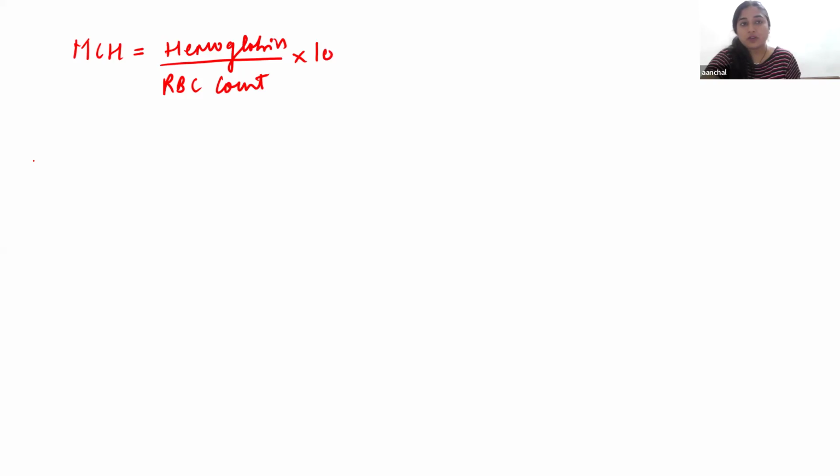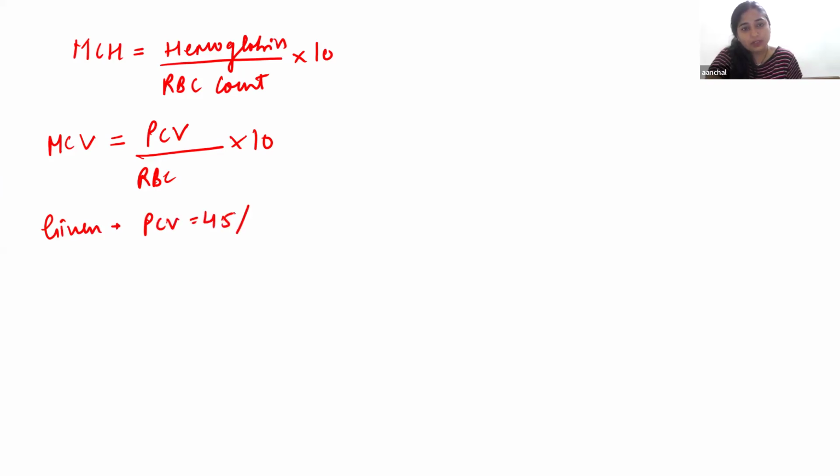What was given in the question? PCV is 45%, RBC count is 5 million, and hemoglobin is 15 gram. Now, one by one, with the help of these formulas, we are going to calculate.